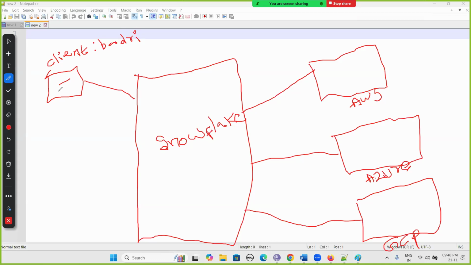While creating the account, I chose AWS. Let's say they have a separate dedicated AWS cloud data center. They may have dedicated data center one, two, like that. They have multiple dedicated data centers that AWS has given for Snowflake. And in this data center, if I create an account, they give a free account.